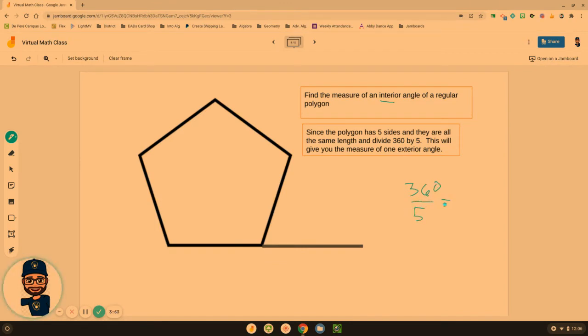That gives us a value of 102. I'm sorry, it's not 102. 112. Okay. This will give you the measure of an exterior angle.